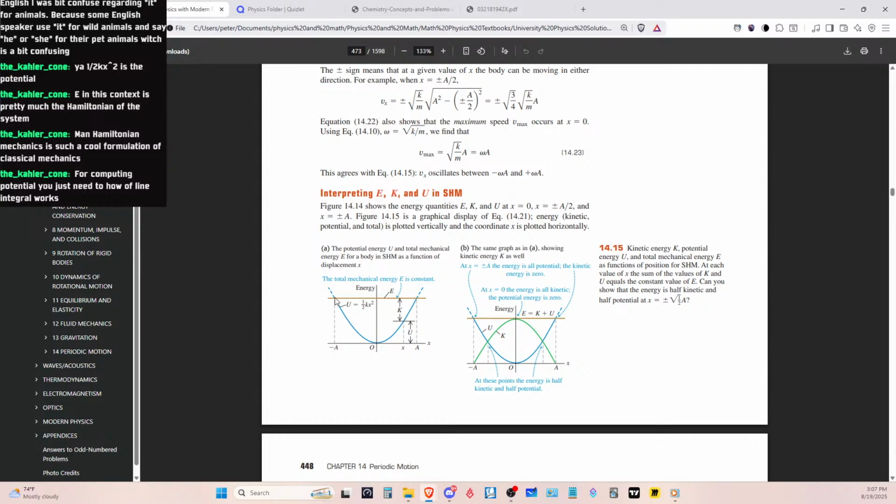So U is the potential here. Alright, let's see what we have here. For computing potential, you just need to know how a line integral works. Oh, need to know how a line integral works. Okay.